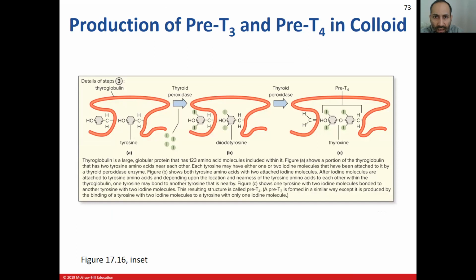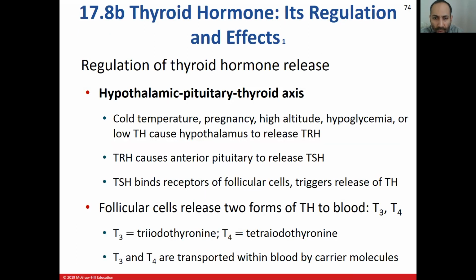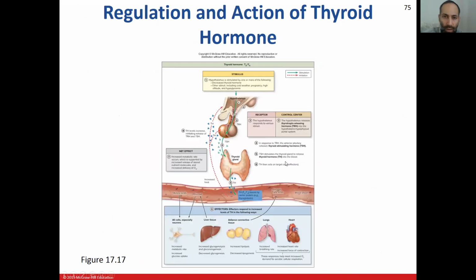Okay, so here you can see the T3 and T4 production going on in your thyroid glands. There they are, T3 for triiodothyronine and T4 for thyroxine or tetraiodothyronine, okay? And they're carried in your bloodstream by means of carrier molecules, proteins that carry them, okay? So here, this is how your thyroid secretion happens. First, your hypothalamus releases a hormone called TRH, for thyroid releasing hormone, which goes down to your anterior pituitary and causes the secretion of a hormone called TSH, for thyroid stimulating hormone, okay?